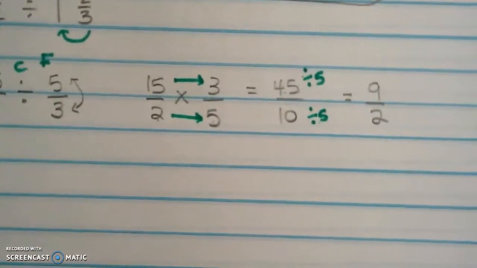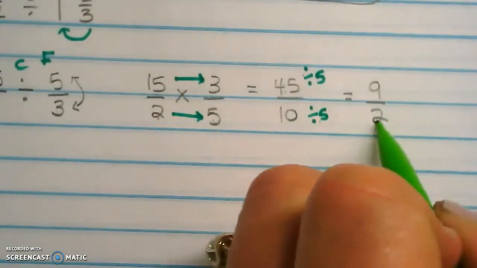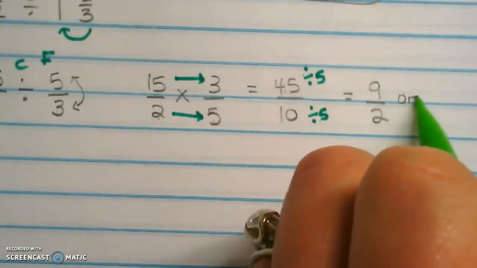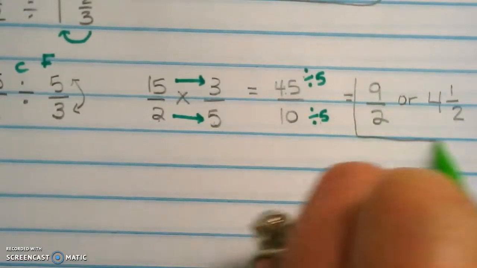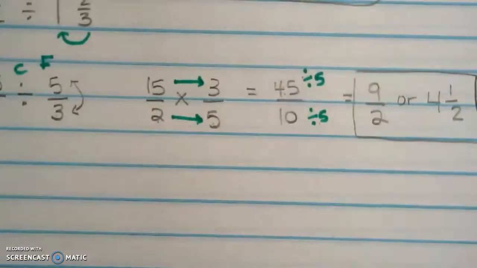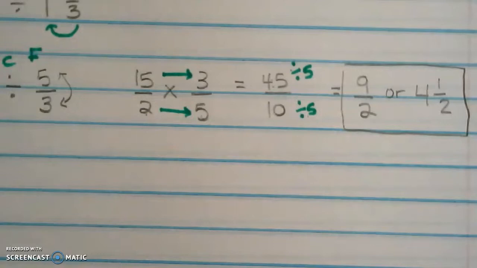You can leave it just like that. A top-heavy fraction is fine. If you don't like it that way, 9/2 is 4 1/2. Those are the same fraction, just written in two different ways. But either way, that is the answer to number 8.